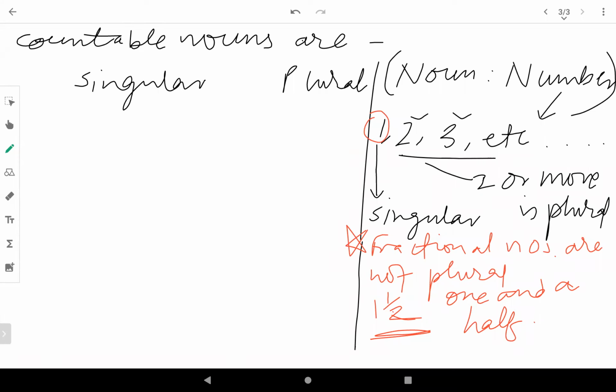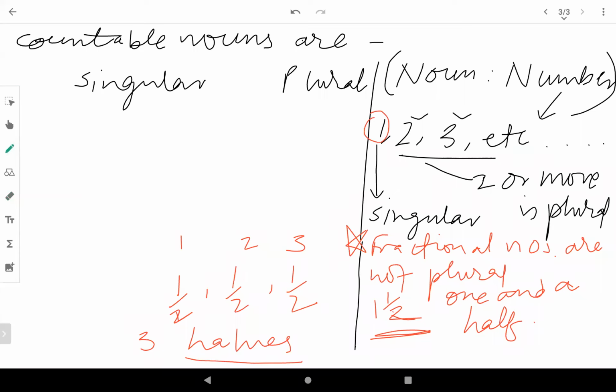But having said this, suppose there are many halves. How many halves are there? One, two, and three. That means three halves. Again, this makes it plural.